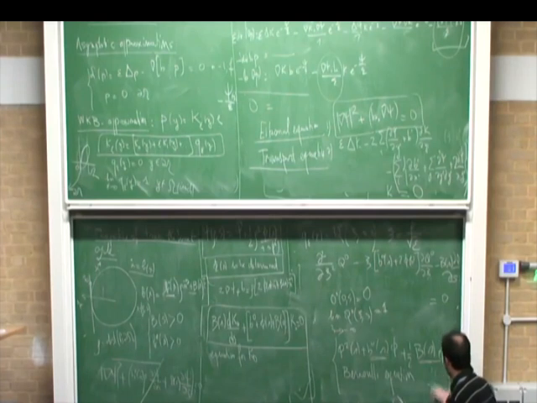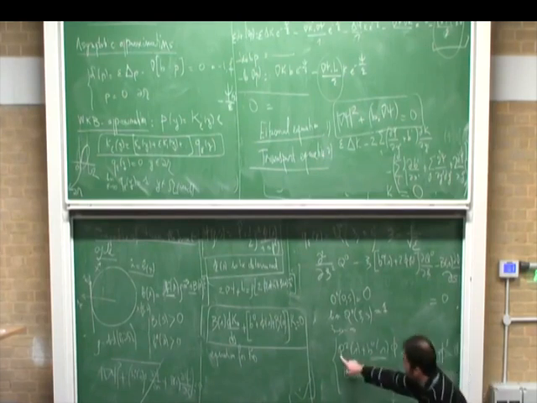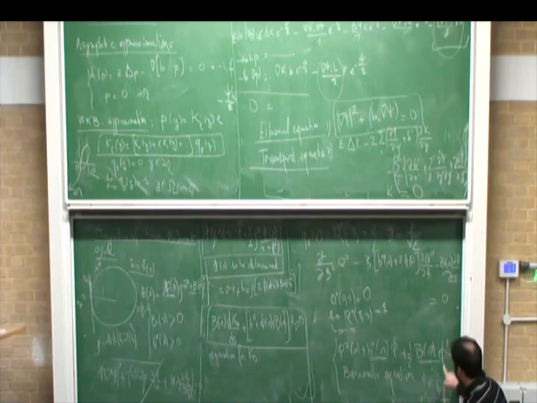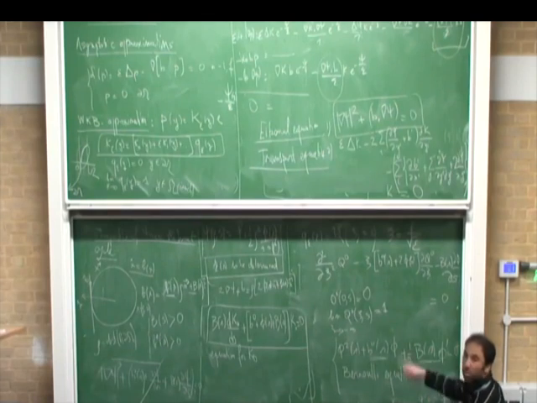Let's do psi equals 1 over phi. So psi prime is minus phi prime divided by phi squared. Right? So if you divide everything by phi squared, you get psi prime here, and this becomes 1 divided by phi, which is psi.